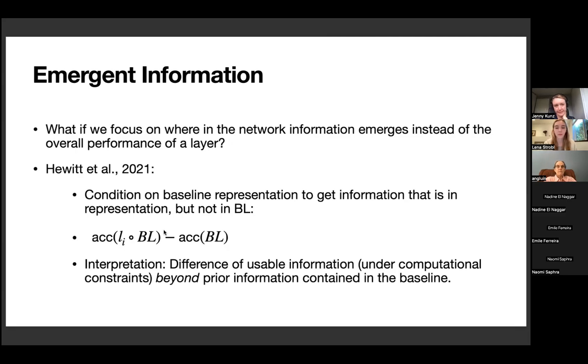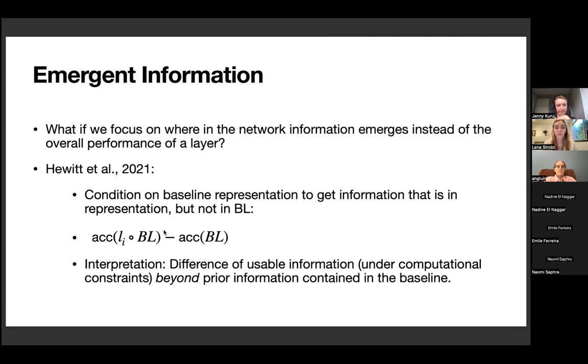And what we do is to measure what we call the emergent information. And the question we ask here is, what if we focus on where in the network information emerges instead of looking at the overall performance, for example, the accuracy of the probing classifier in a layer?